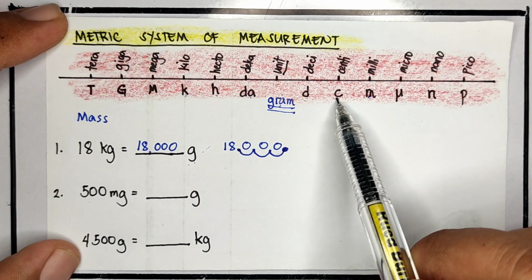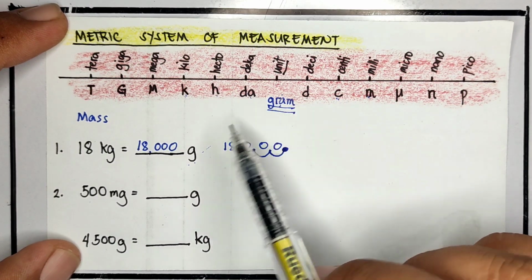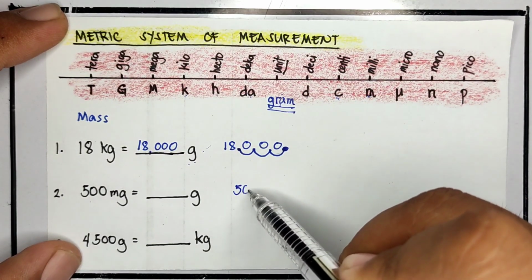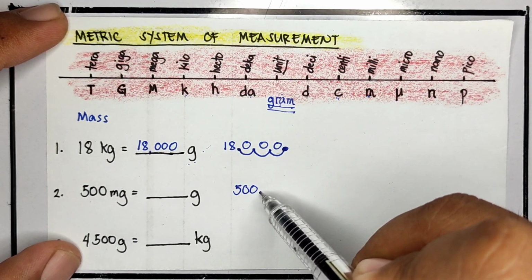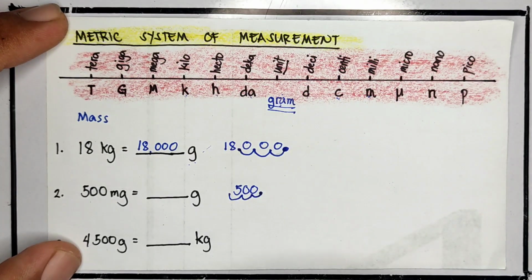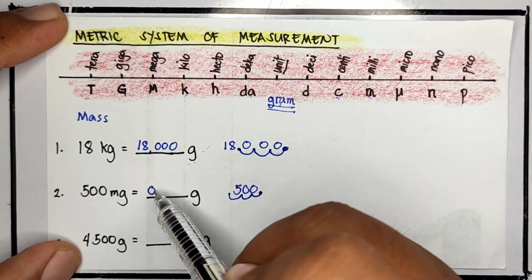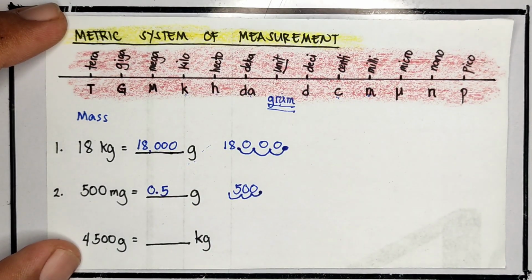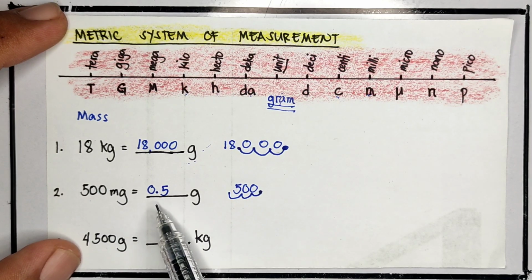We have here 500. The decimal point is here. Move 3 times: 1, 2, 3. Then we have here 0.5. That is, 500 milligrams is 0.5 grams.